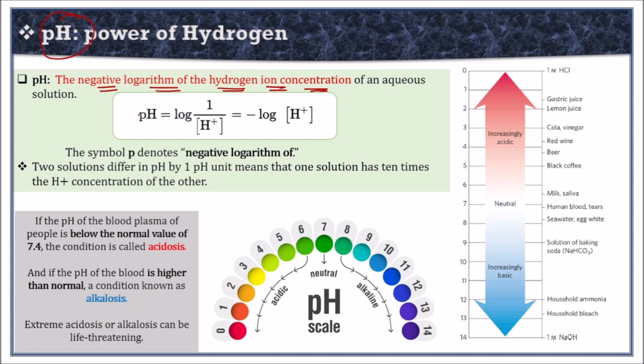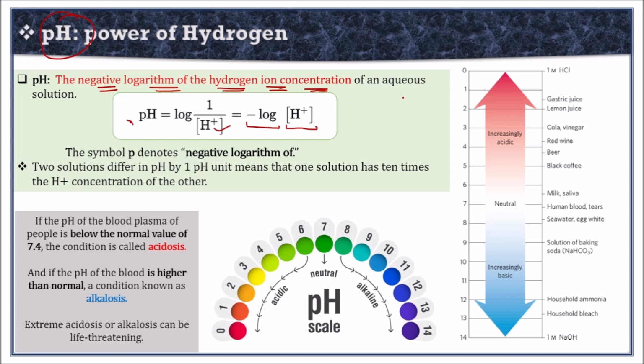As you can see in this formula, pH equals negative log of H plus ion concentration. If you want to remove this negative sign, you just have to put the concentration of H plus at the bottom. That means if you know the concentration of H plus ion, then you can determine the pH of the solution. So let us take an example to understand it more clearly.